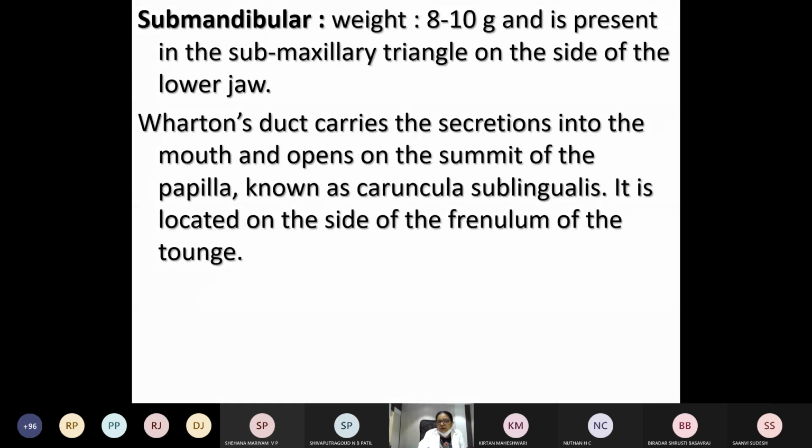Wharton's duct carries the secretions into the mouth and opens on the summit of the papilla known as caruncula sublingualis. It is located on the side of the frenulum of the tongue.